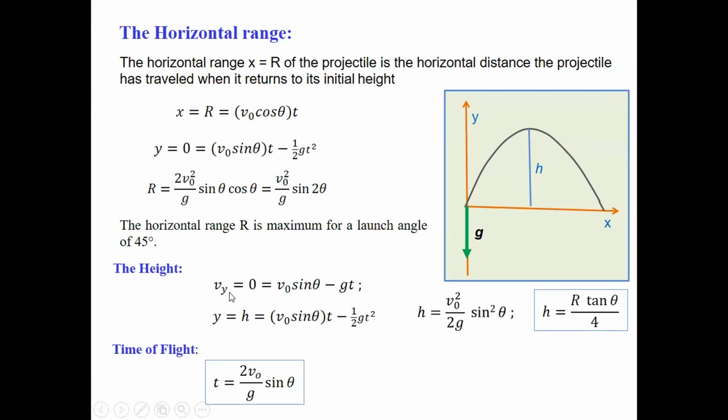Therefore, when we substitute vy equal to 0 in this equation, we have the simplified equation, and the height h is equal to v naught sine of theta times t minus half g t square. And if we solve for t, we get height h equal to v naught square divided by 2 g times sine square of theta.